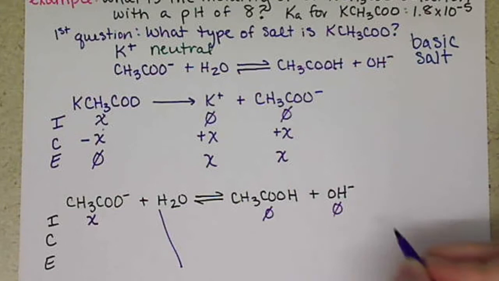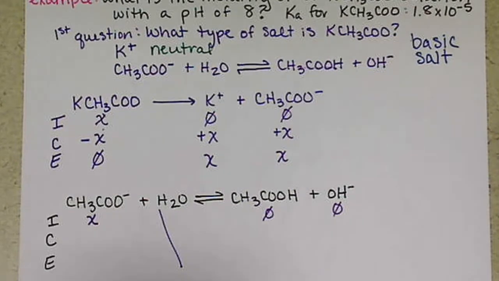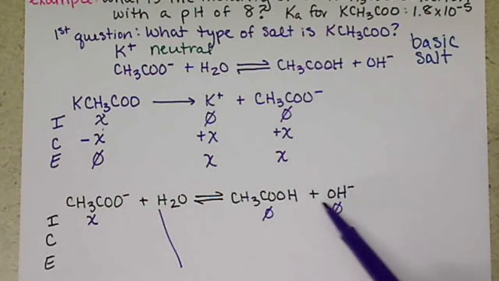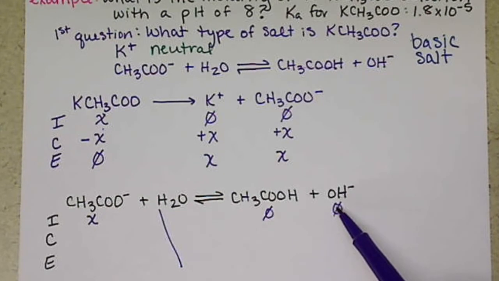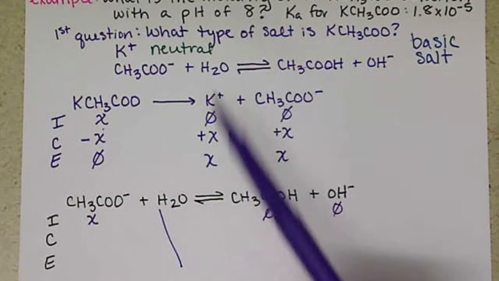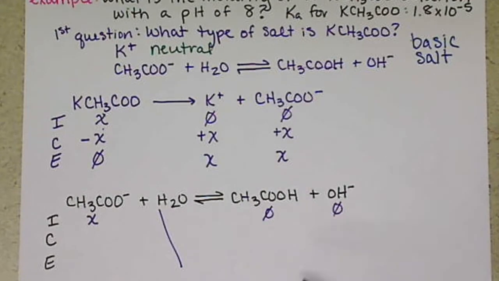We have no acetic acid and no OH- present in the beginning. Now for our change. Our change has to give us an ending concentration that matches with our pH. So we actually have to figure out what our concentration of OH- is in that solution to cause a pH of 8, and that will tell us what our change is going to be.